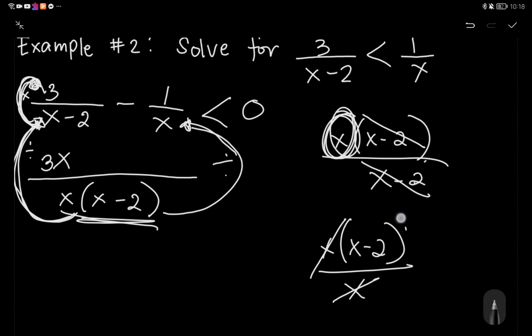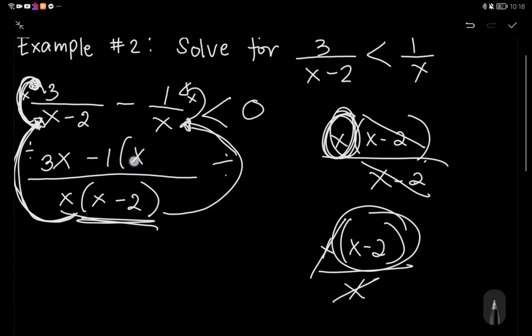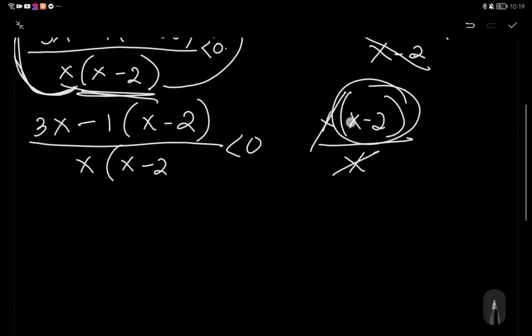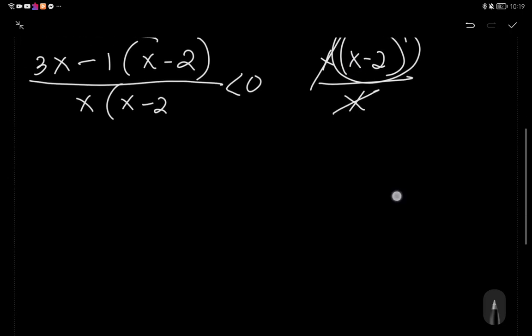Si x minus 2 kani atong i-times sa 1 na numerator. So, we can write 1 times x minus 2. Now, when we write it clean, over x times x minus 2, dili kalimtan less than 0. So, we have this one.